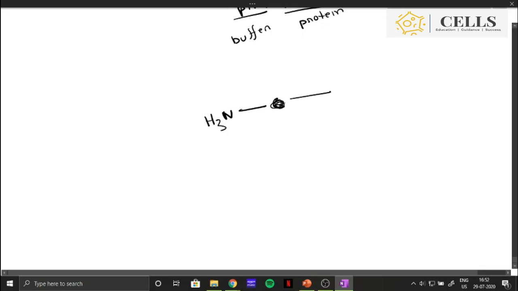You have NH3 plus and COO minus. This is present in the Pi form.